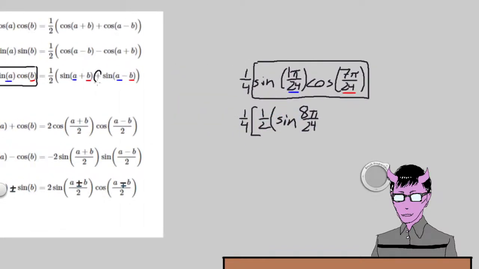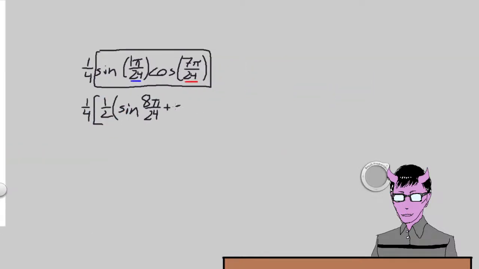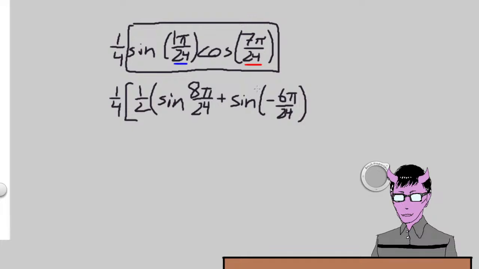And then we have a plus sine of the difference. So 1 minus 7 is negative 6. Alright, algorithm has been followed. All we need to do is simplify things and then do the proper reference triangles and then evaluate. And we should be good to go.